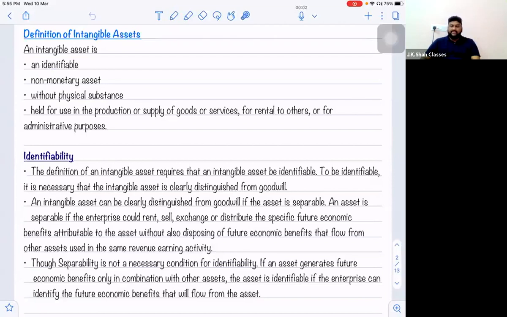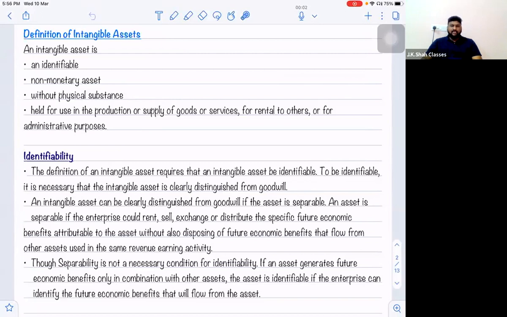They cannot be separately identified means they are actually combined with some other assets and used in the business to earn revenue for you. Can anybody tell me what are those intangible assets which cannot be separately identified, but still they are used in the business? Can anybody try out which type of assets they are?